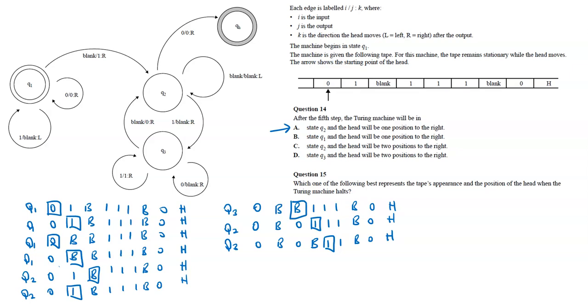And now, because we're not worried about the number of states, I'm going to just follow this loop. So in Q3, if I see a 1, I leave it, and I go to the right. I do that again. In Q3, I see a blank. I change that to a 0, and I move to the right. 1, 1, 0.